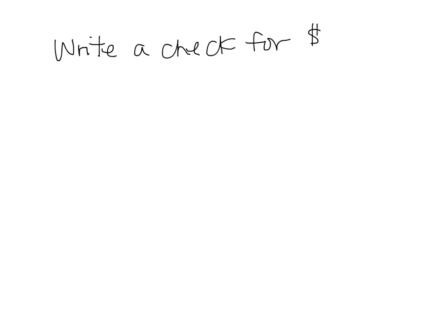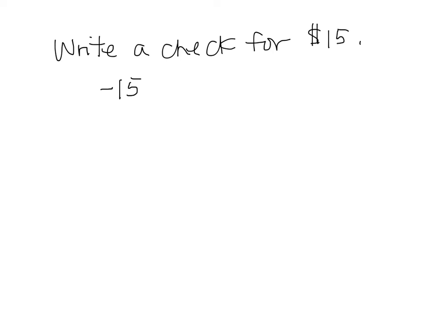So I think just some things come up on this sheet that you might not know about. If I write a check for $15, what happens is that $15 comes out of my account. So the 15 would be like a negative number.